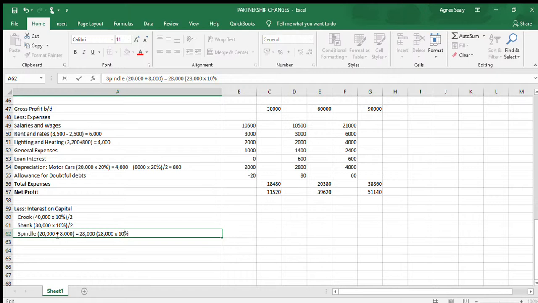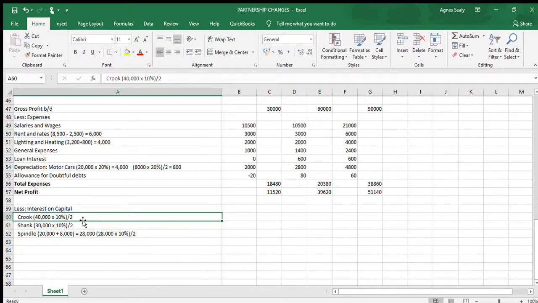So I just want to show you this working so that you can see it, because when I put it in the formula, it will not be really necessary seeing this working here.